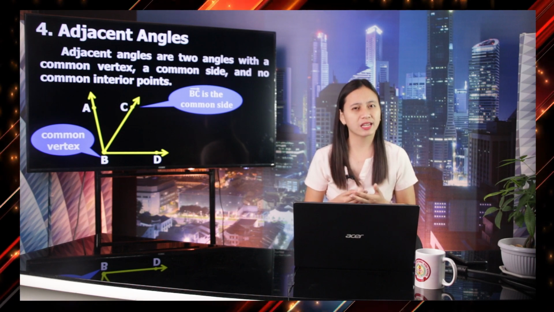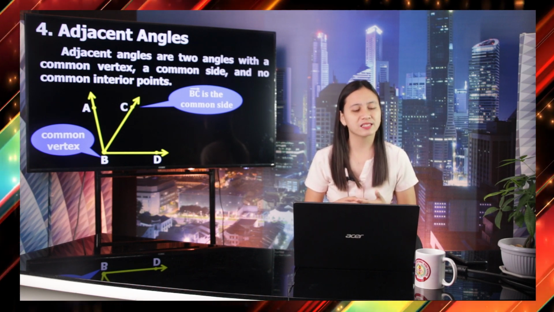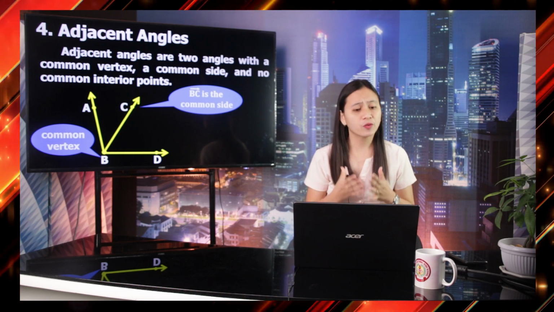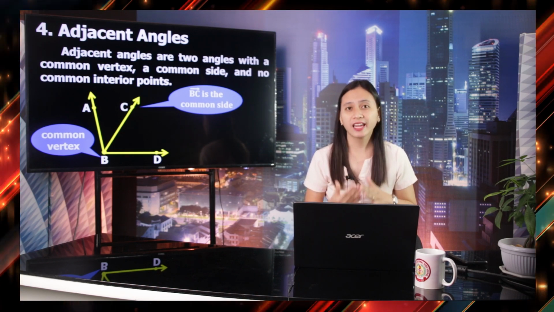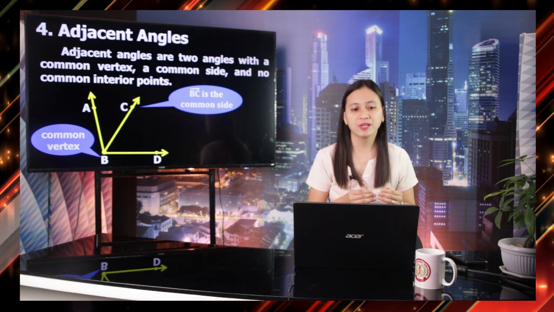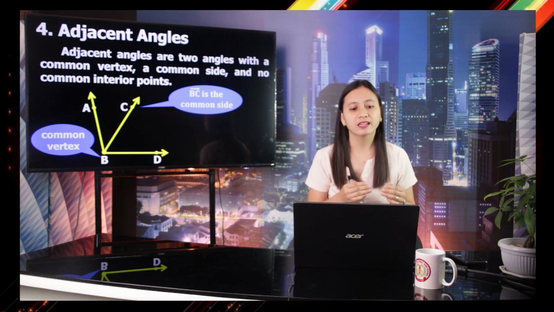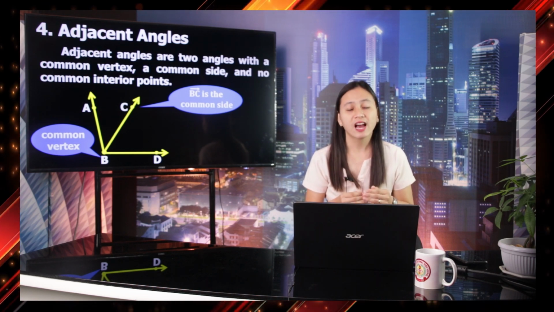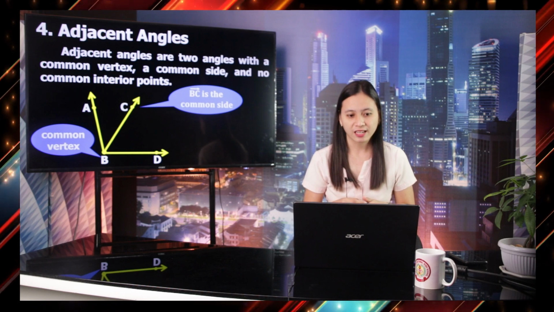Now, why do we say that ray BC is the common side? Because if we focus on angle ABC, one side of angle ABC is ray BA and the other side is ray BC.